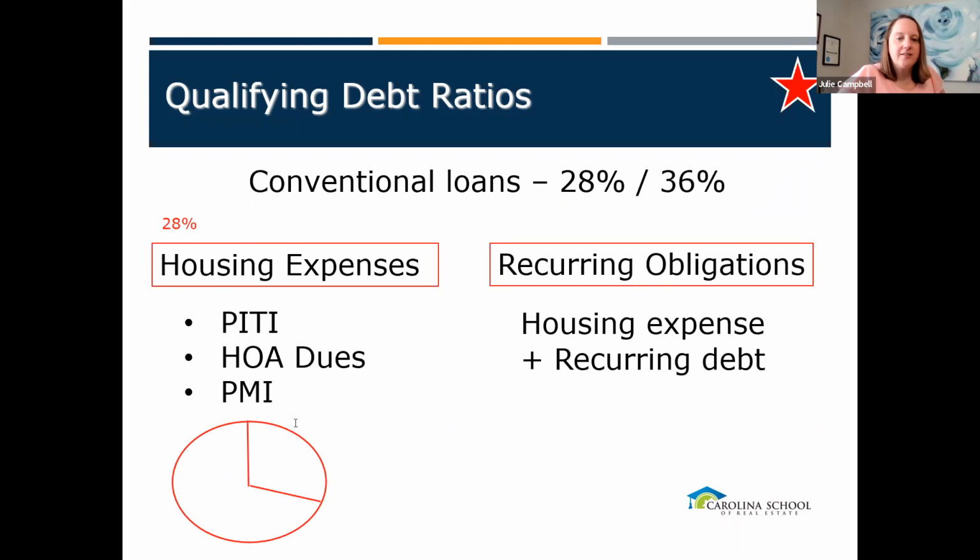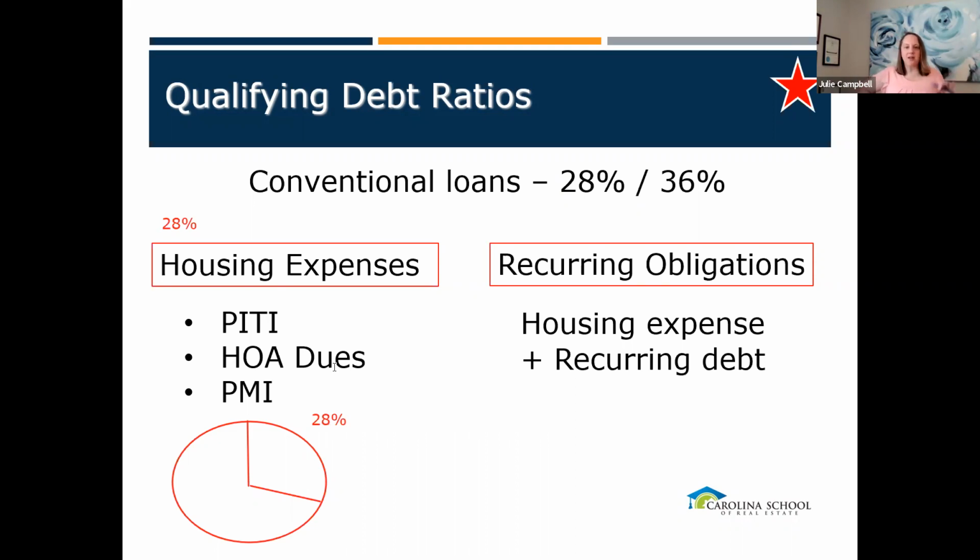And what this says is that the lender will allow 28% of the borrower's monthly income to go towards housing expenses. Everything that your household brings in a month, 28% of that can go towards your PITI, your HOA dues, if applicable, and your private mortgage insurance, if applicable.